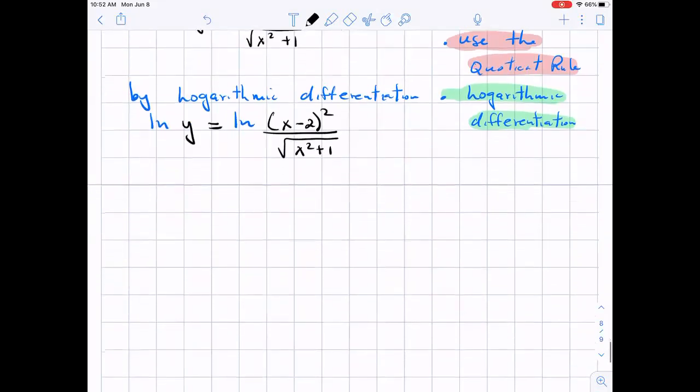The reason I'm doing this is because we know that on this side, ln of a quotient, or any division, implies subtraction. So this can be simplified.